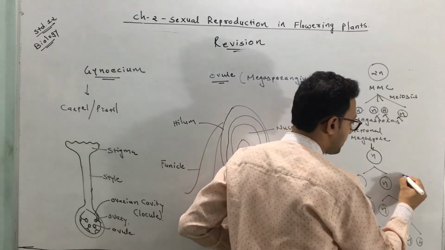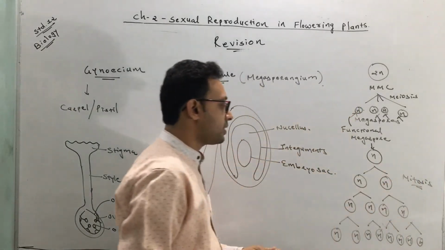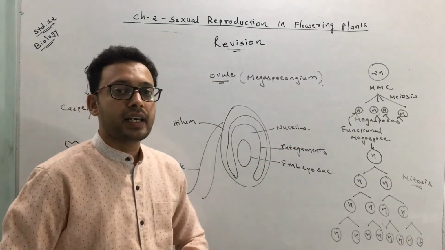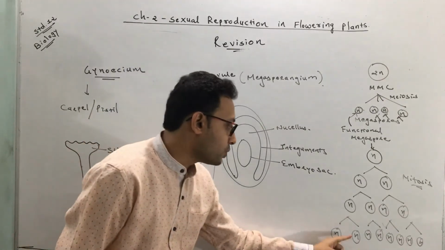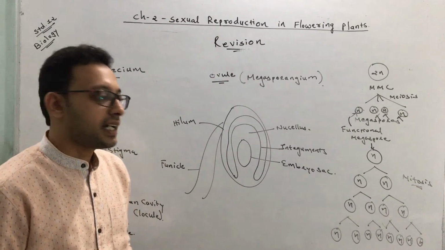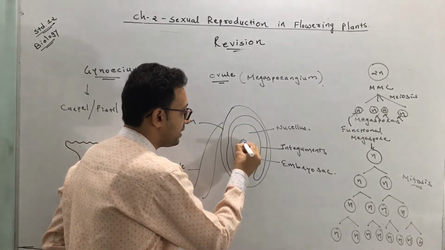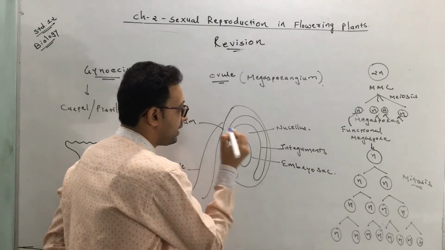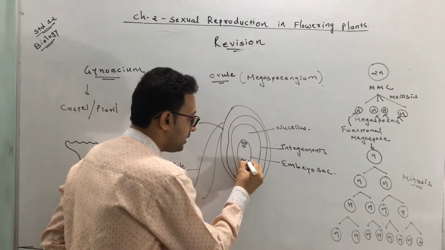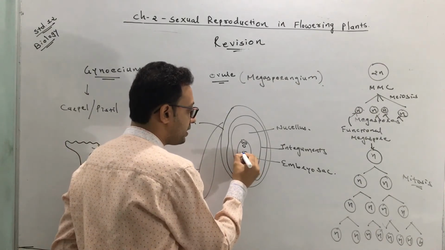All the process occurs by mitosis. How many cells are going to be produced? Total 8 cells are going to be produced: 1, 2, 3, 4, 5, 6, 7, 8. These 8 cells are arranged in an embryo sac in such a way that 3 cells are at the chalaza, 3 cells at the micropyle, and 2 cells are present in the center.